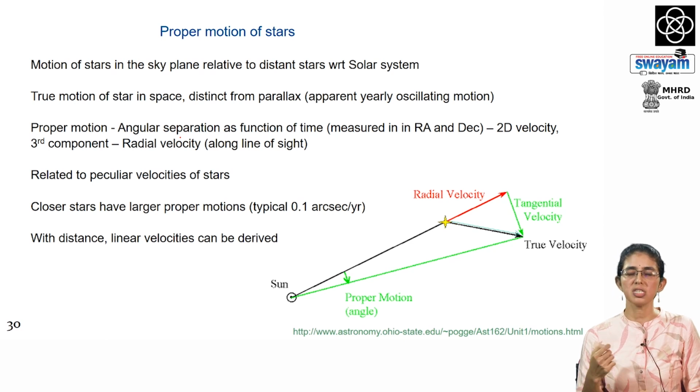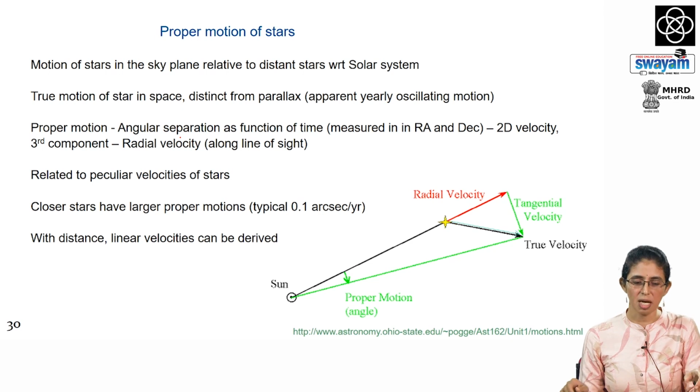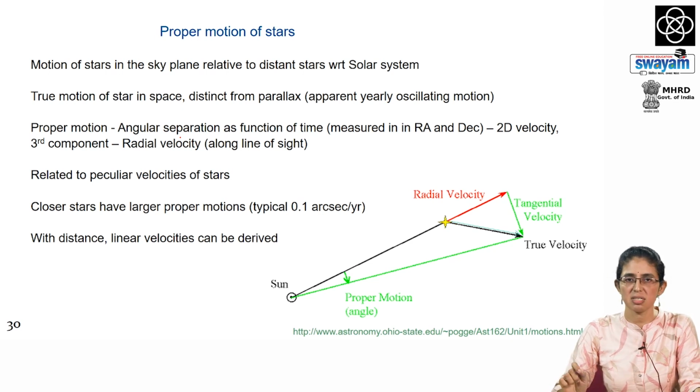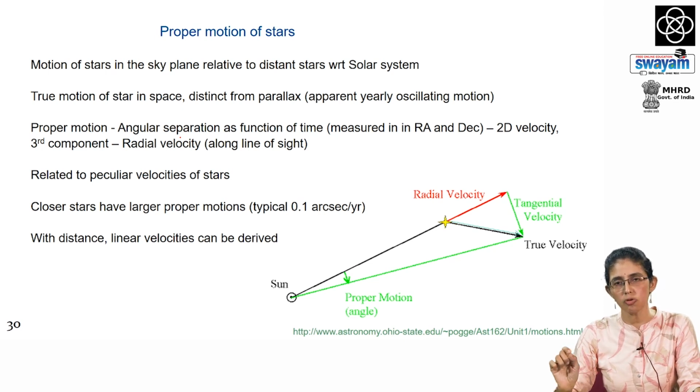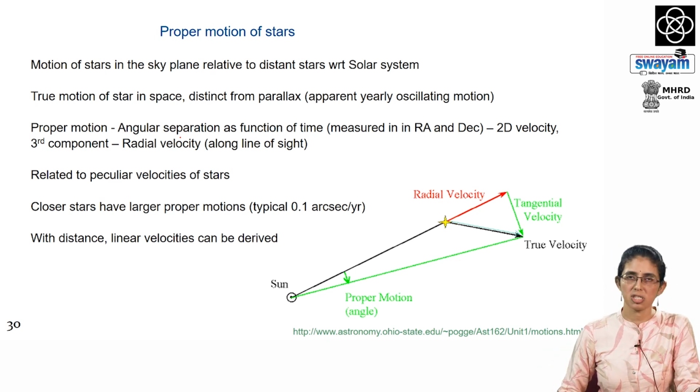And how would one distinguish between parallax and proper motion? Parallax is something that recurs, that is, after a year you would see the same path of the star because it is an apparent motion, because of the revolution of earth around the sun. On the other hand, proper motion would mean that the star continues to move in the same direction always, and this is related to the peculiar velocities of the star.